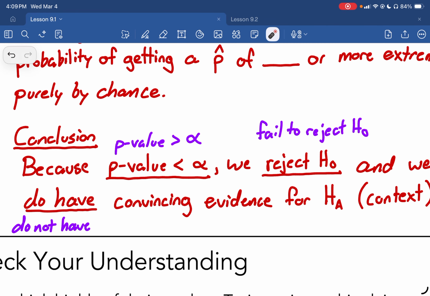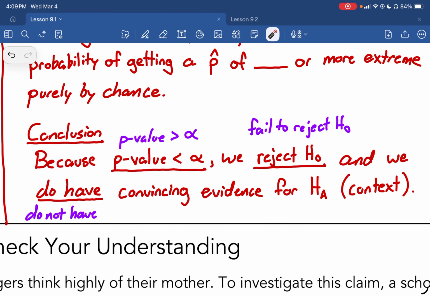Okay, let's talk about the conclusion because this can look scary too. This is one of those things, just like we're 95% confident. This is the thing you have to memorize and do word for word, or as I like to say, bar for bar. And you have two options. What you'll notice, the purple is above the underlined red sections because you're filling in the blank. It's kind of like Mad Libs.